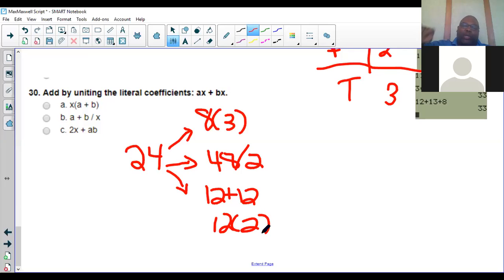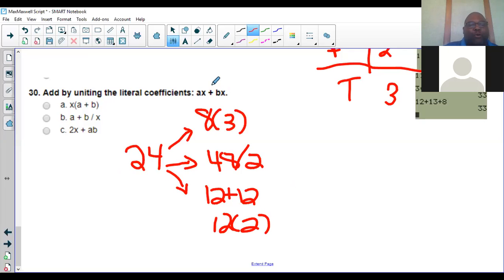So when we look at something that's equivalent, what we're asking ourselves is, what are factors? What are factors of 24? Factors of 24 are 8 and 3, boom. Factors of 24 are 12 and 2.